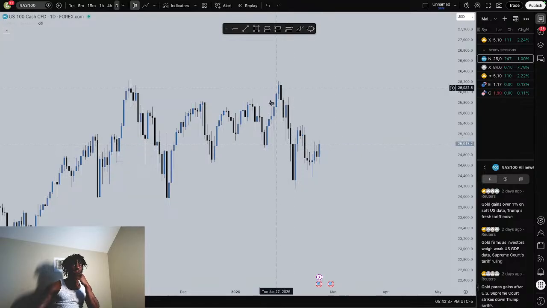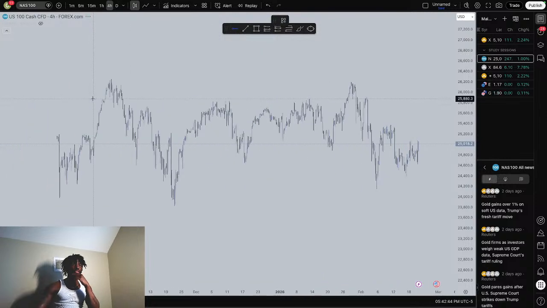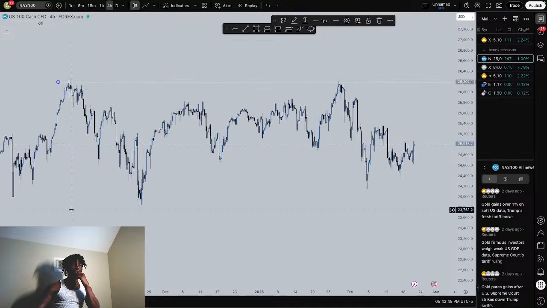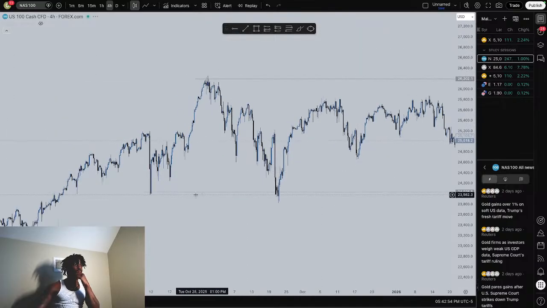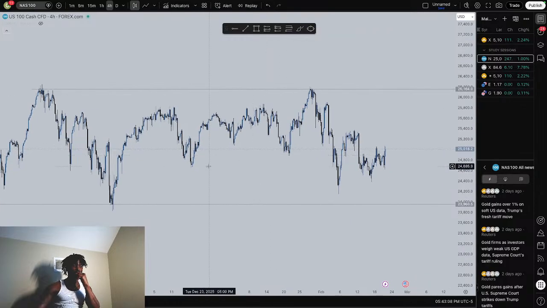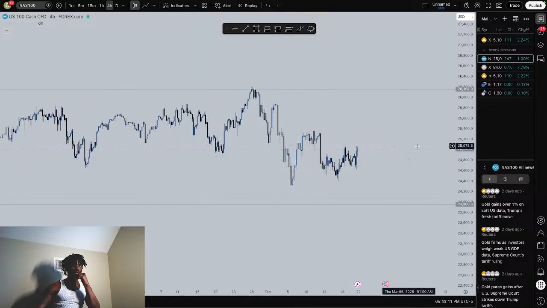So Nas isn't anything major for me to look at, but I do just want to at least identify the key areas of support and resistance, the highs and the lows, major support down at the bottom, down here. So currently Nas is trading within this range here.